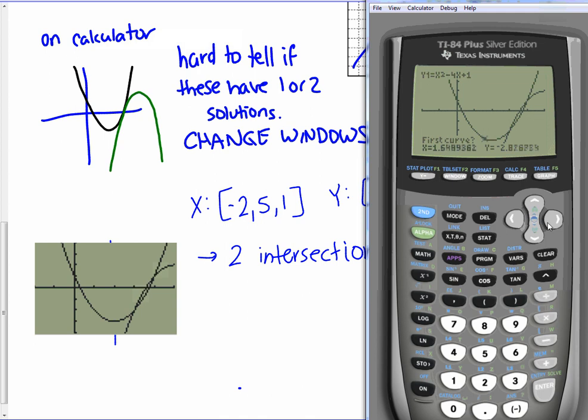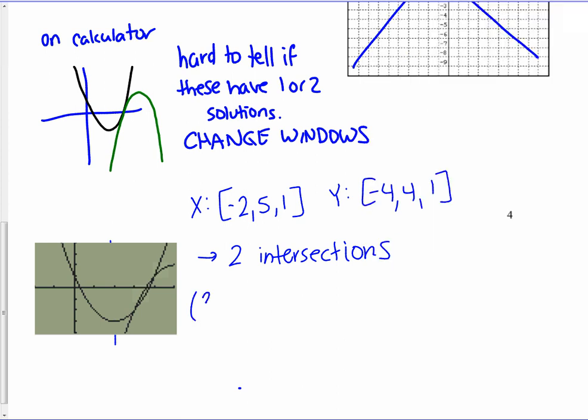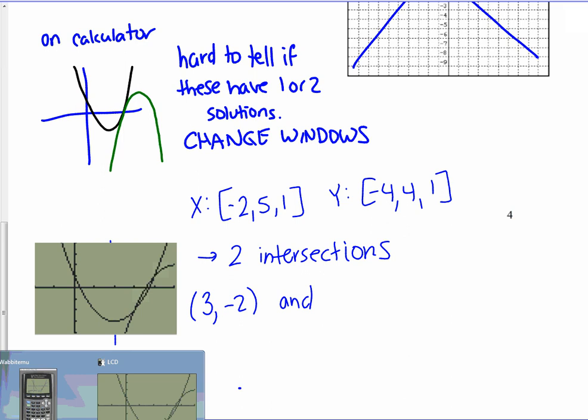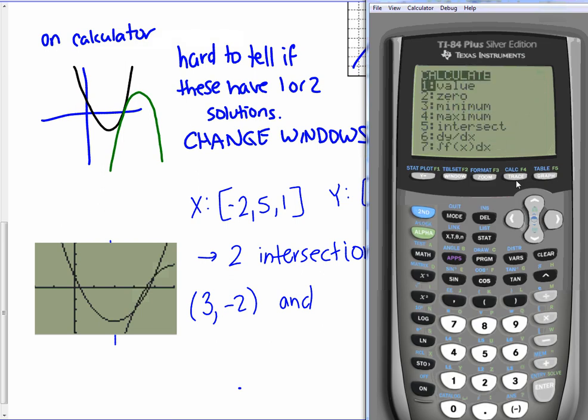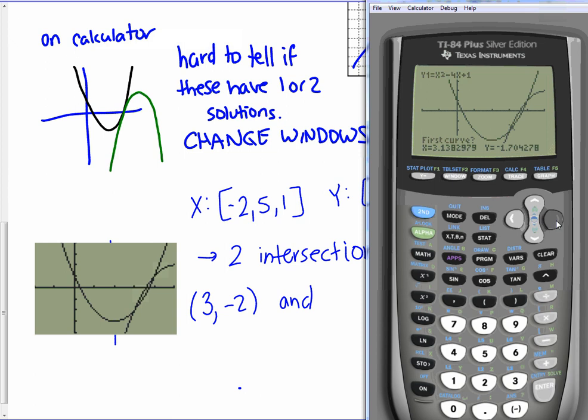Move your cursor over to the first intersection point. Enter, enter, enter, 3 times. Did you get 3 and -2? And the other one? Second trace 5, move your cursor over, enter, enter, enter. 4 and 1.